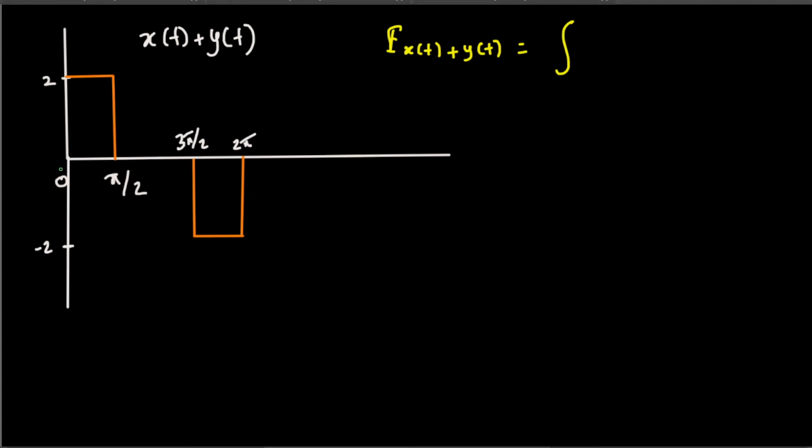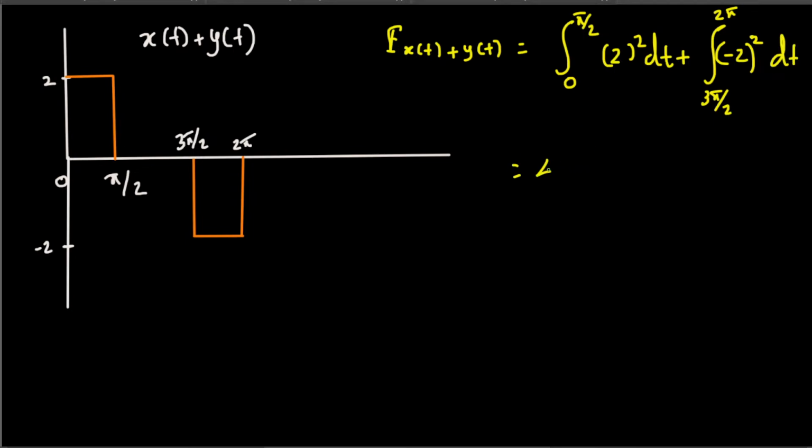The range is, first we are going to take 0 to π/2, and then the height at that time is 2, so we're going to put 2 squared over here, and then dt, plus we are going to have the integration from 3π/2 to 2π, and at that time the height is -2, so -2 squared dt.